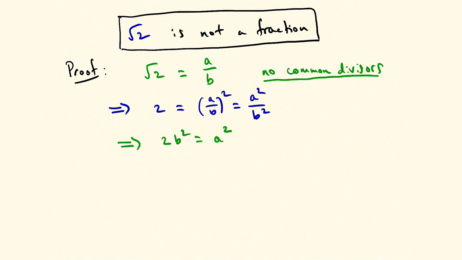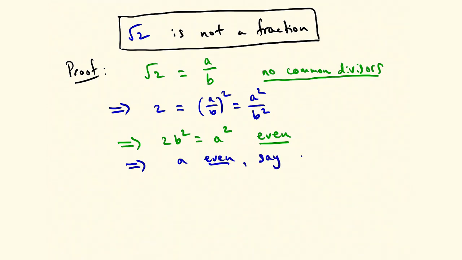Okay, so a squared is 2 times a counting number, 2b squared, so it's even. Okay, and it follows, you can think about why this is the case, that a itself must be an even counting number. So if it's even, it means it's 2 times something.